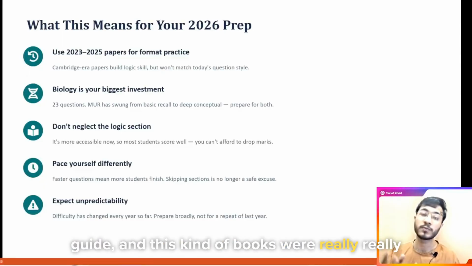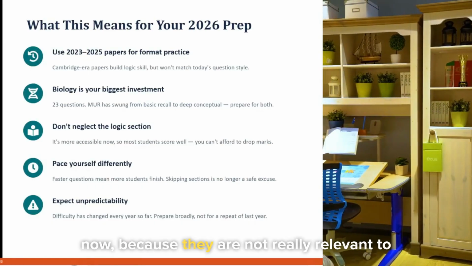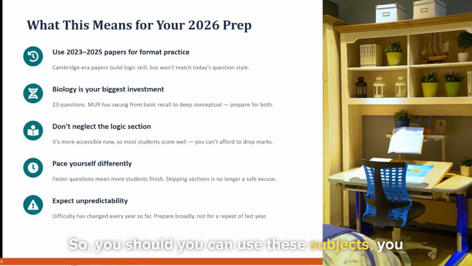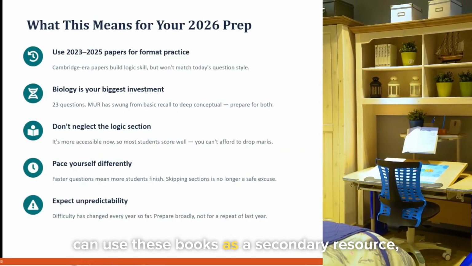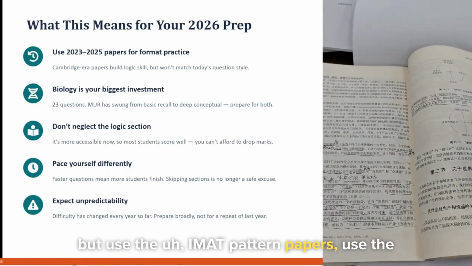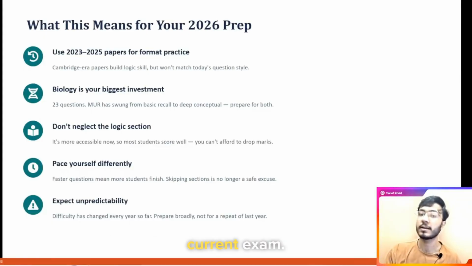These kinds of books were really useful before 2023, but they are not that useful now because they are not really relevant to your current IMAT exam. So you can use these books as a secondary resource, but use the IMAT pattern papers, or practice material that is actually relevant to the current exam.